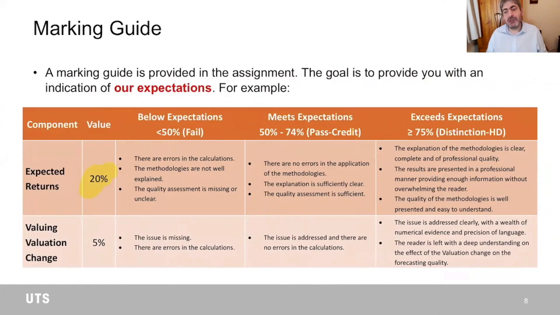If you want a distinction, your explanation has to be outstanding, professional tone, the financial language must be on point, the results must be very clearly presented, striking the right balance between giving all the details without putting too many numbers and all the stuff. So basically this is the way you're going to be assessed. You will find a line for each item where I explain what I expect.